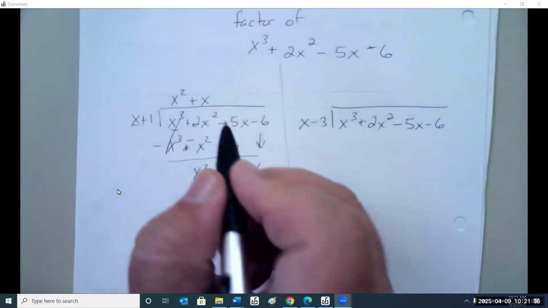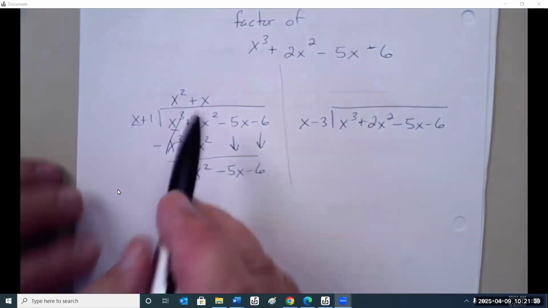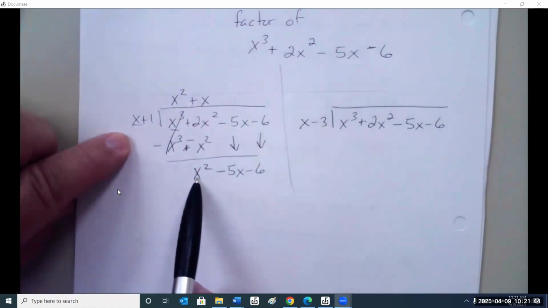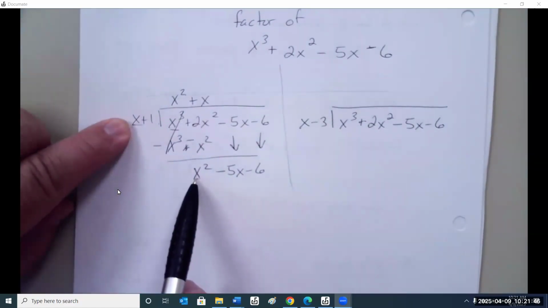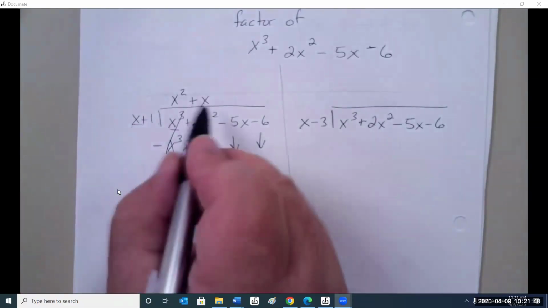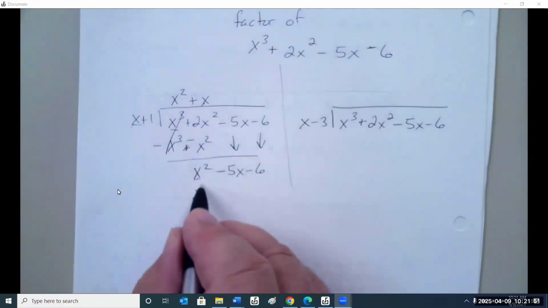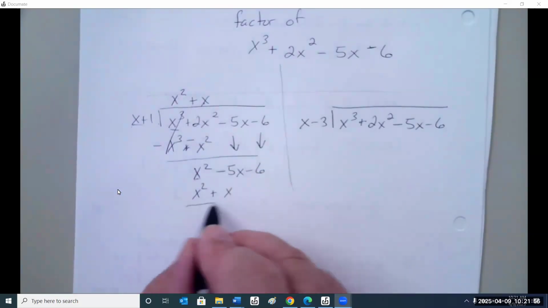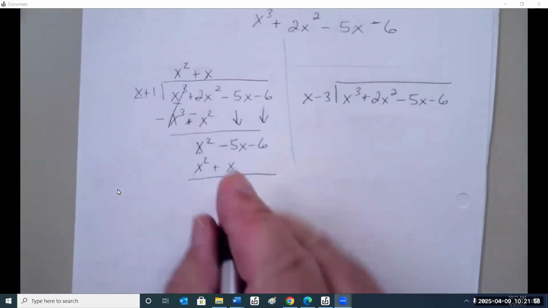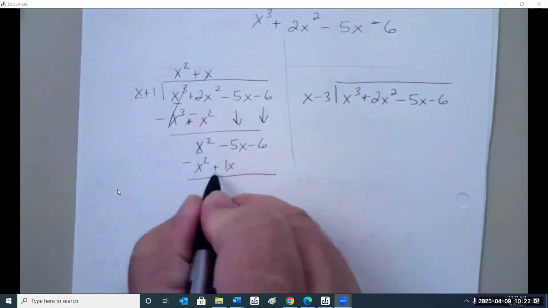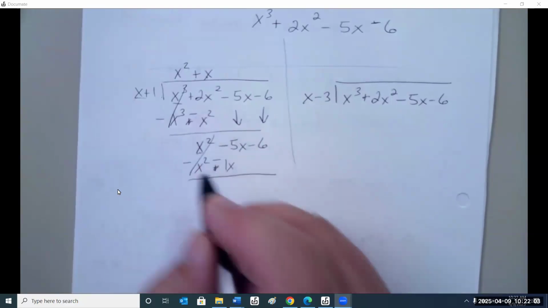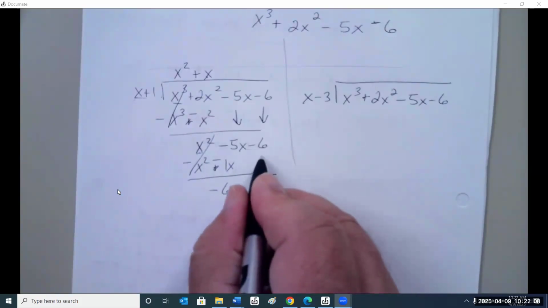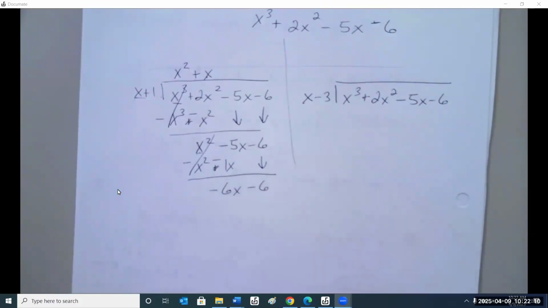A positive x. Yes, the sign's important, because if you just put x up there, we don't know what connects them. It's a positive x times x, because this could be a negative also. So positive x times x is x squared. Positive x times positive 1 is a positive 1x. Change the signs and add. The x squareds cancel. Negative 5x minus 1 is negative 6x. Bring down the 6.